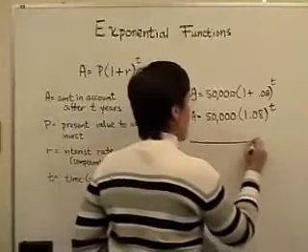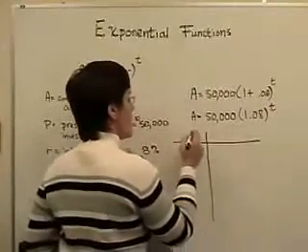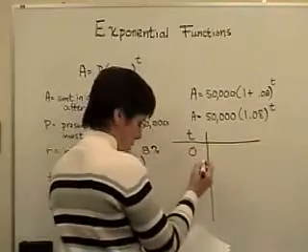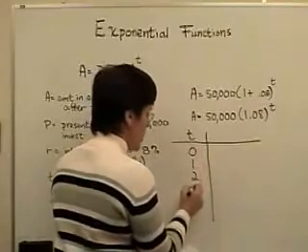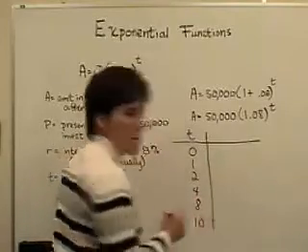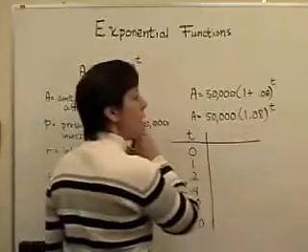So let's say that I chose then to substitute in, let's go with 0 years and 1 and 2 and 4 and 8, maybe 10. Let's go that far. Let's put those values in for t here in our calculator.